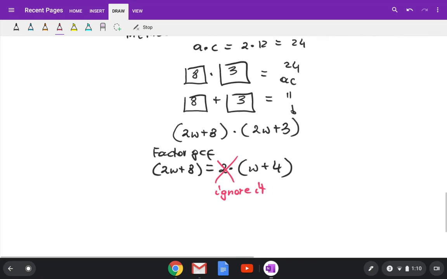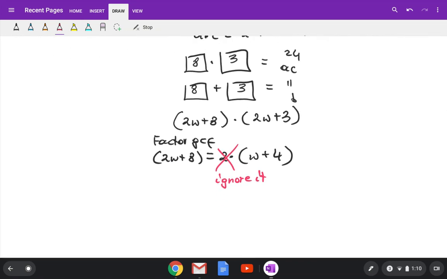Okay? And the second parenthesis, which is 2w plus 3, since there's nothing to factor, GCF is equal 1, we're going to keep it 2w plus 3.